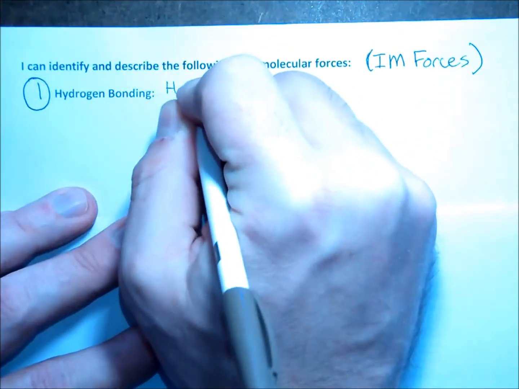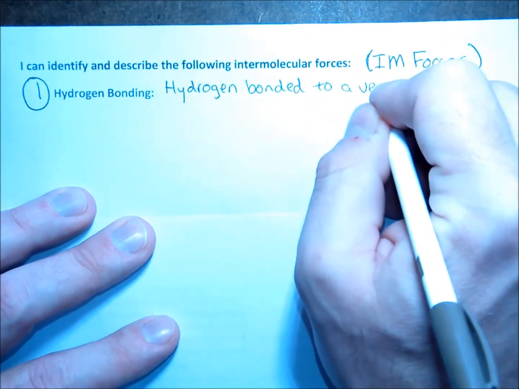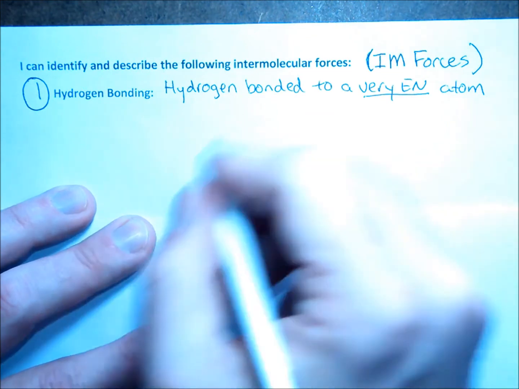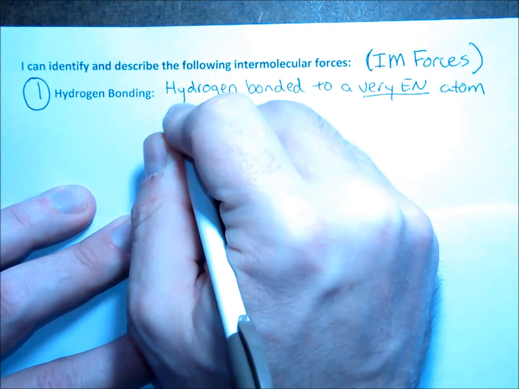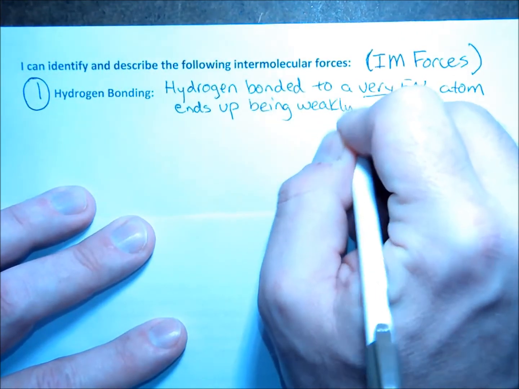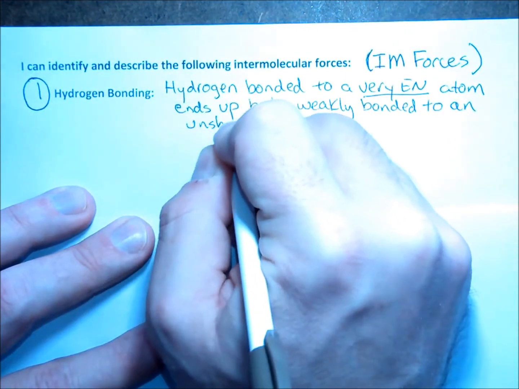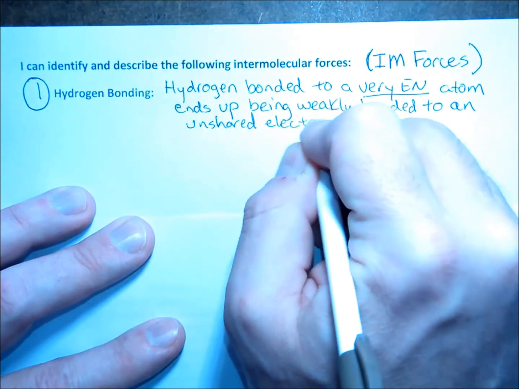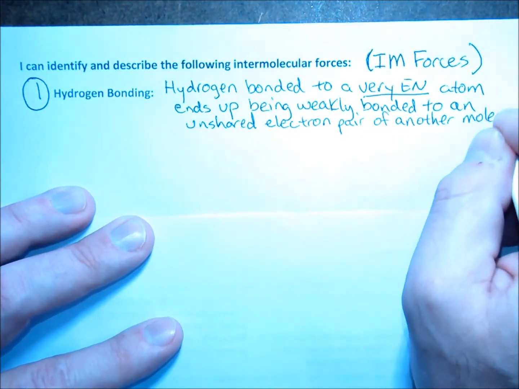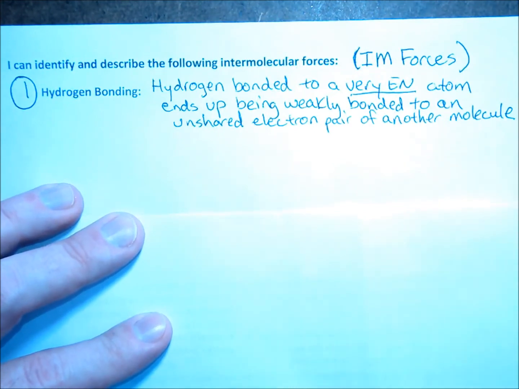Hydrogen bonding is hydrogen bonded to a very electronegative atom that ends up being weakly bonded to an unshared electron pair of another molecule. Okay. Write down that definition, and I'm going to draw a picture and give you a little bit more of an explanation here.